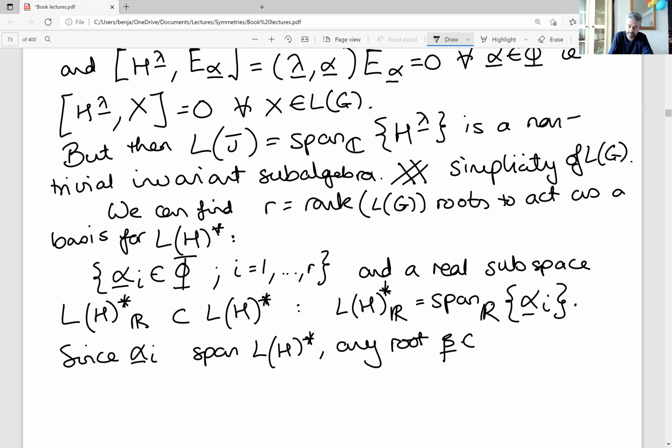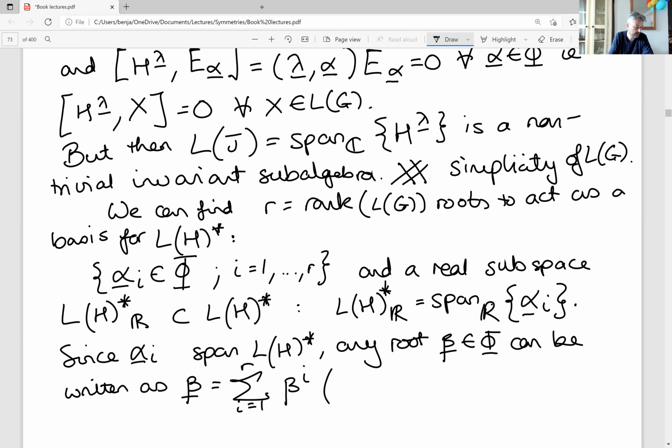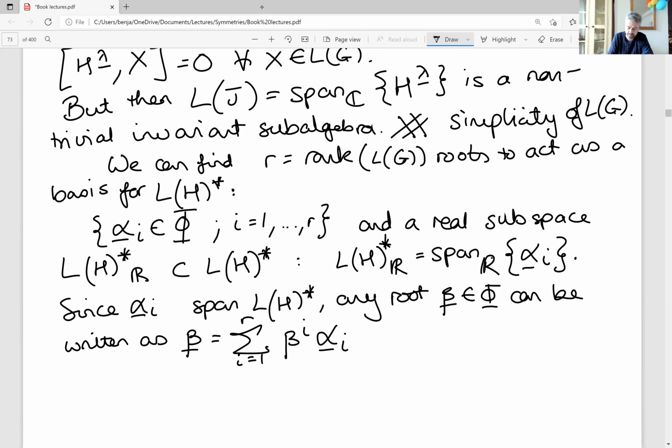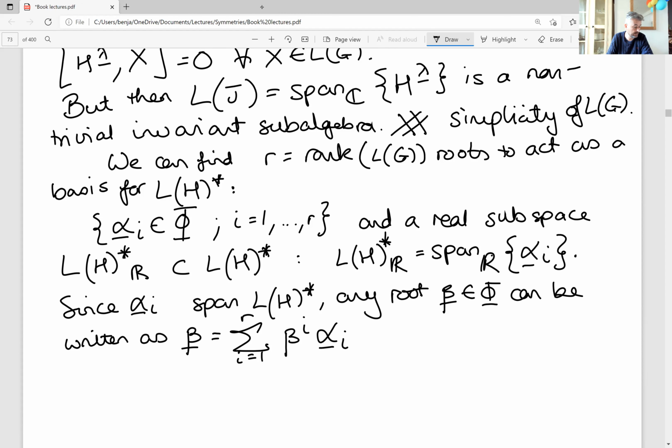Any root beta in the root set can be written as beta is the sum I equals 1 to r of beta I alpha I, by definition of what this subspace is.